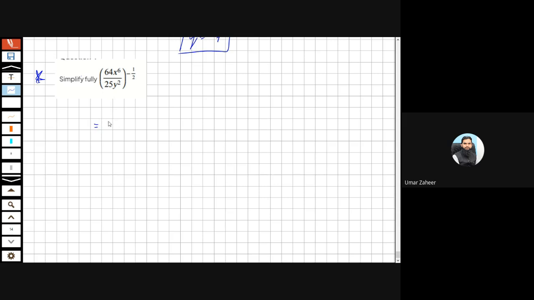First of all, we have to make the sign of the power positive, because I just hate to deal with a negative sign. So I just take the numerator into the denominator and the denominator into the numerator. Now 25 is the square of 5, 64 is the square of 8, and there is a whole power of 1 by 2.